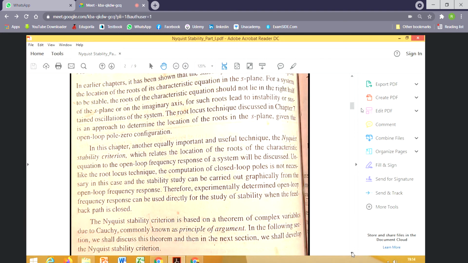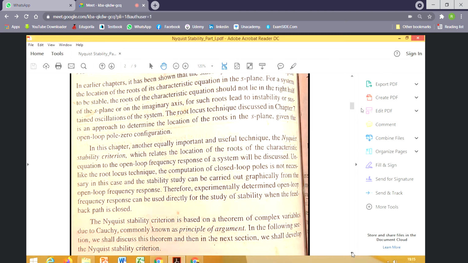But if one single root of the characteristic equation lies in the right half of the S plane and the rest are in the left half, in that case the system will become an unstable system and the system will be of no use to us.